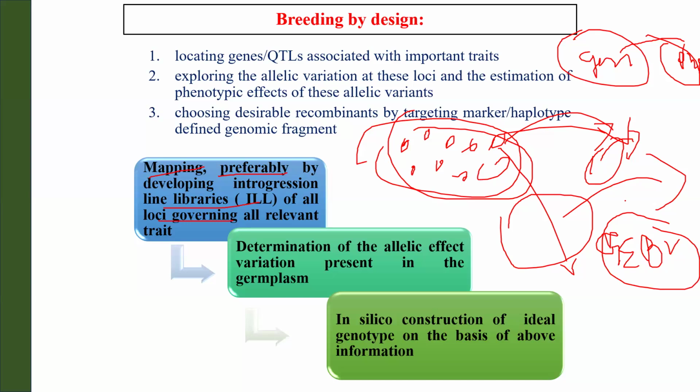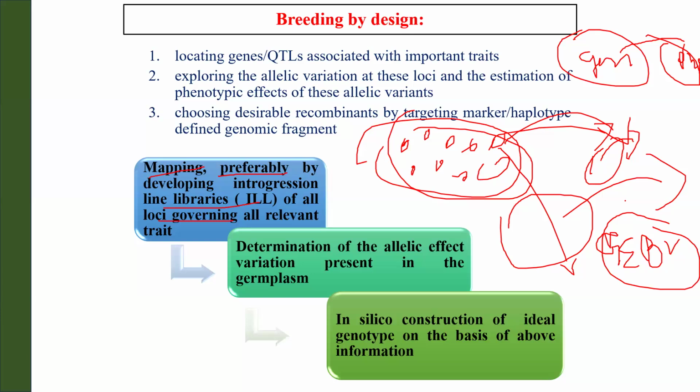First, map the particular gene, then develop all introgression libraries, then study the allelic effect on the phenotype. Based on that, we can check all the favorable alleles which have a good effect on the phenotype. Then in silico construction of this ideal genotype, then you can use it for breeding purposes. This is called breeding by design.